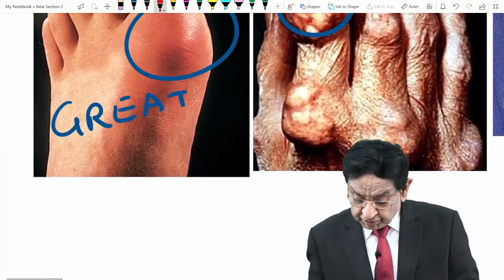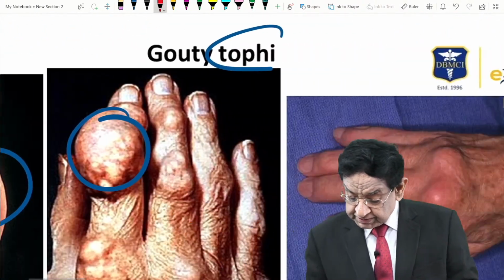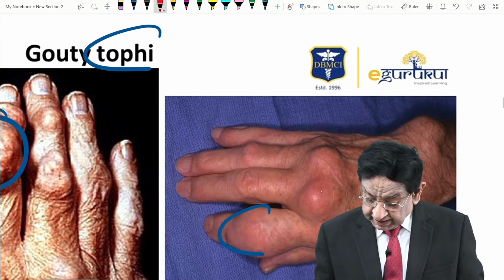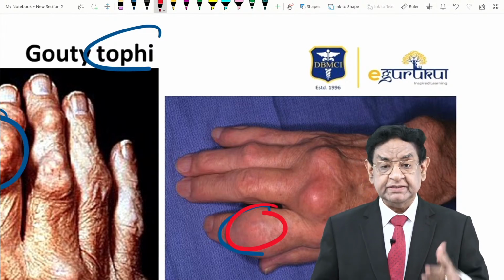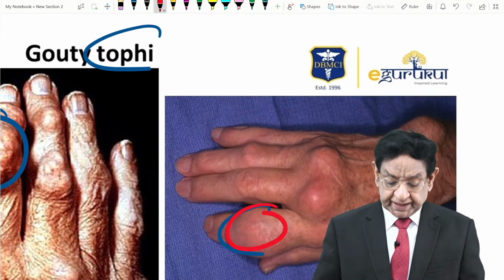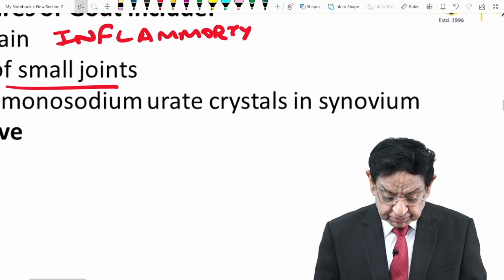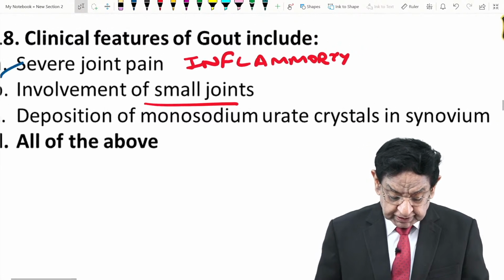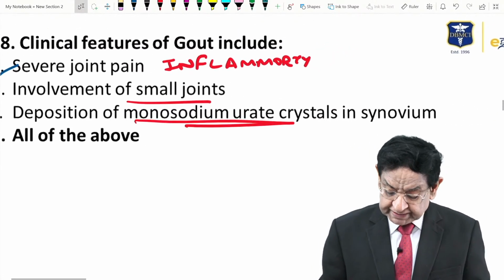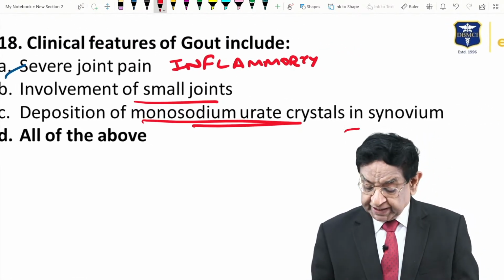I have shown you a picture also. Look at this. Most commonly great toe joint. It can even involve the ankle, knee also. And I told you it is a deposition of monosodium urate crystal, not uric acid, in the synovium.